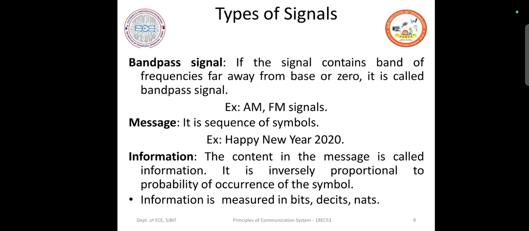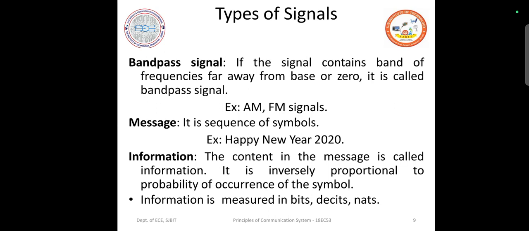What is a message? It is basically a sequence of symbols. For example, you can just type a message called Happy New Year. We have been doing all these things since we started using the mobile phone, even when we message using an email. Such a thing is what is a message. What is information? Whatever content is there in the message is called information.